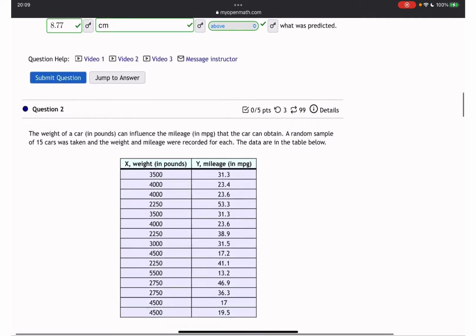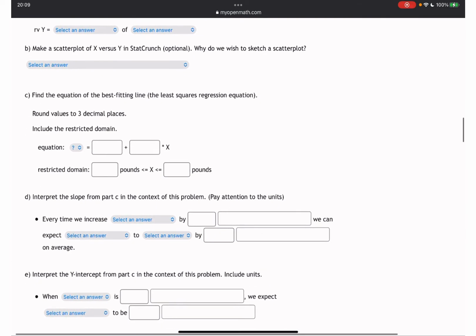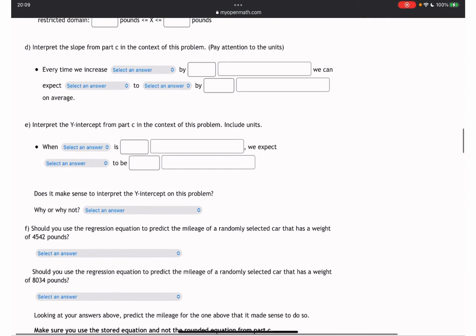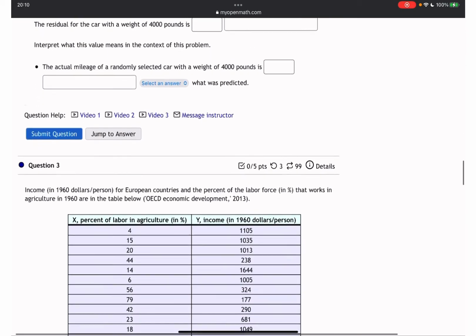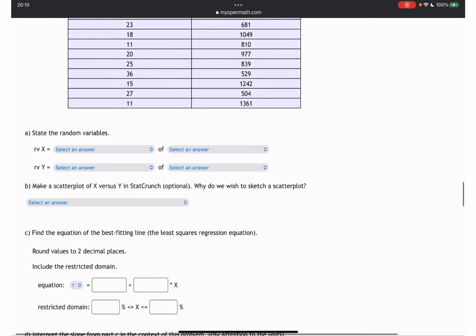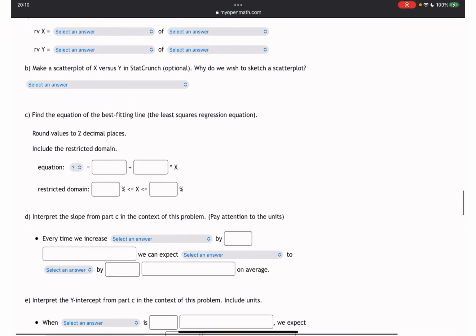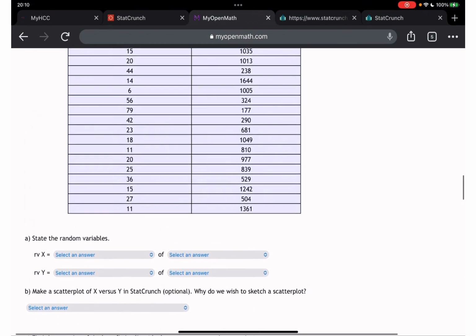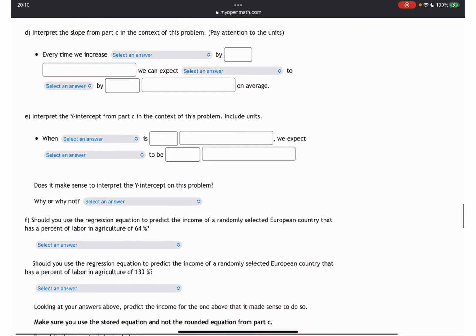So the next question is exactly the same thing, it's repeating itself. You can watch the first one to do the second one also. And then the same way is the third one. Here x is given in percentage, and the table is also given in percentage, so you will be fine.